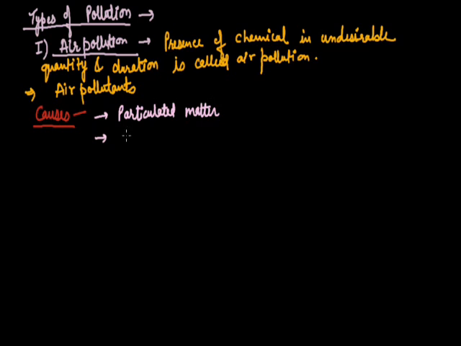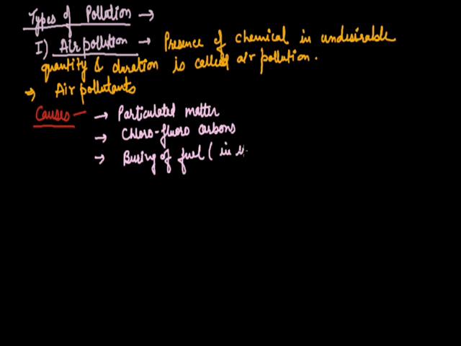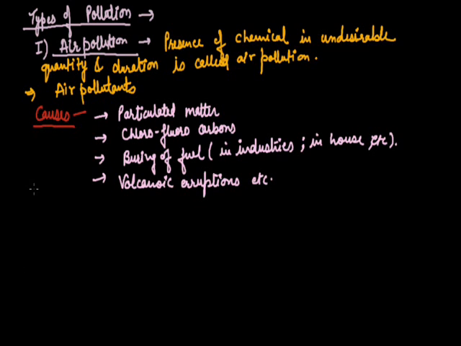This can be caused by various substances like chlorofluorocarbon, burning of fuels in industries, in houses. Natural disasters can also be the reason for air pollution, like volcanic eruptions, etc. Except for all these, experiments done by human beings also cause air pollution, because whenever we launch a rocket, aerosol is used and that acts as a harmful substance to the environment or atmosphere. Let us discuss different kinds of air pollutants and their effects.